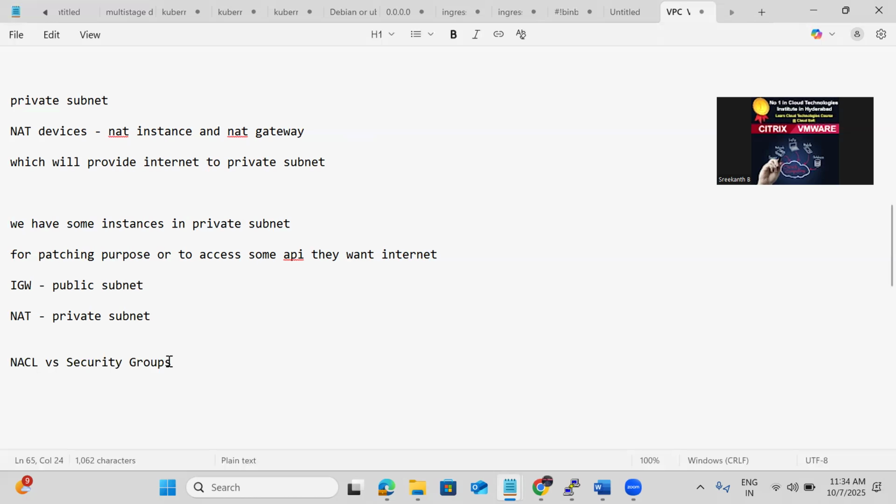What do you understand by a security group? Inbound and outbound rules. It provides firewall rules.